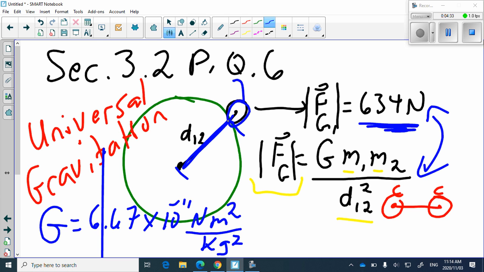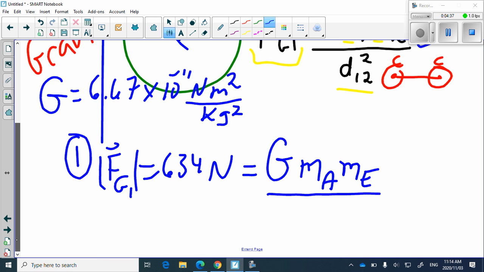Nothing. Okay? So for all intents and purposes, that distance d1 is just the radius of the Earth, and that is squared. Okay, so that is equal to the force of gravity using the universal equation between the astronaut and the Earth when the astronaut is on the surface of the Earth.